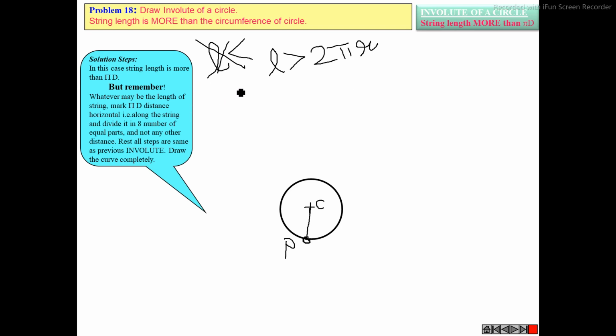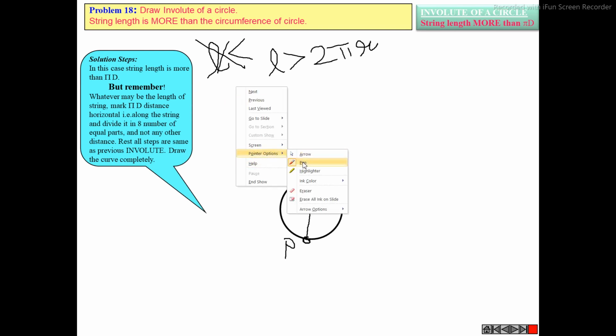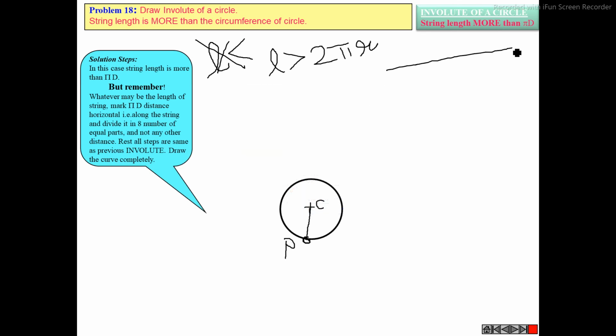Yes, sir. So suppose this is point 1 and this is point 2. 1,2 is the length of the thread which you want to wrap on the circle. This is the length of the wire or the thread.